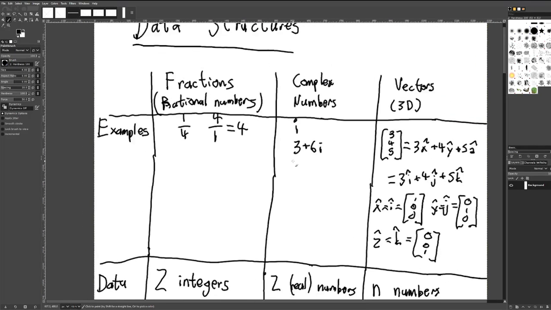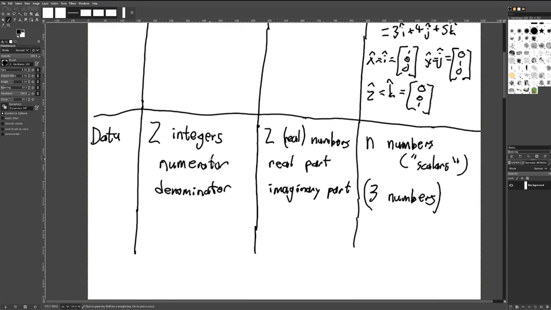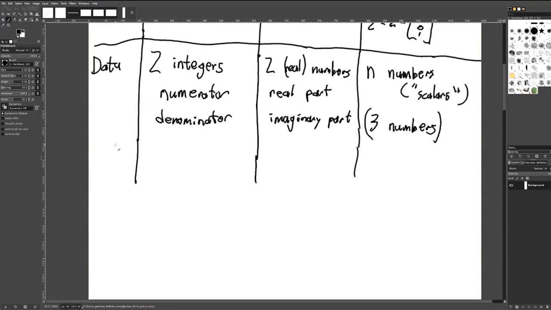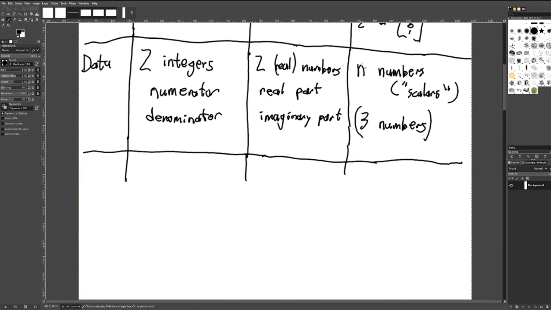Since these are kind of going from least complicated to most complicated, I could have put another column over here that's even less complicated, maybe like the natural numbers, 0, 1, 2, 3, and so on. And we all know how to add and multiply natural numbers, I hope. But anyway, all of these things have notions of operations that you can do on them, like addition.